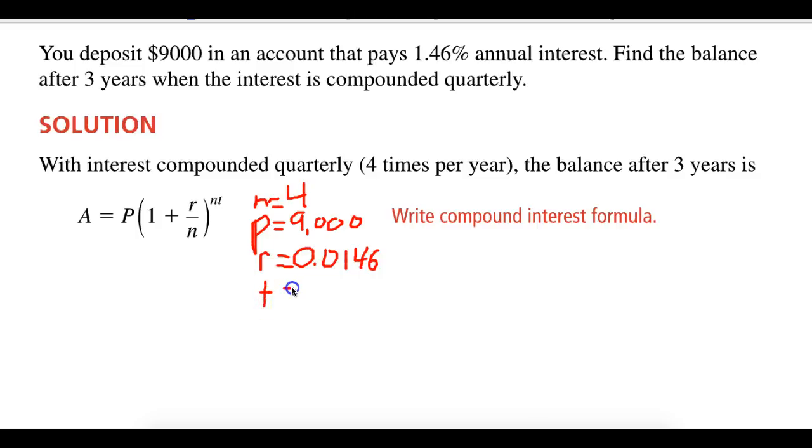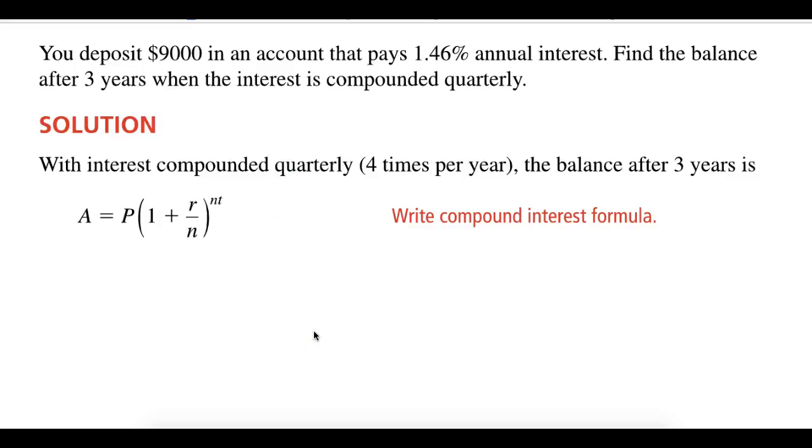So in this case, your balance or your time is t equal to 3. So right now we have all the information that we need. We have our initial amount, we have our rate divided by our number of times compounded annually, and we take all that to the exponent of n times t, so to the 12th exponent.